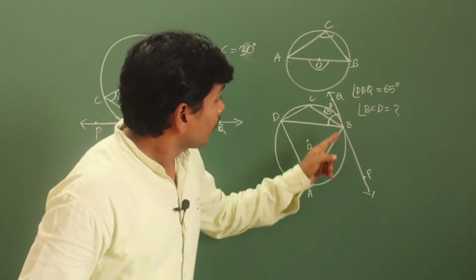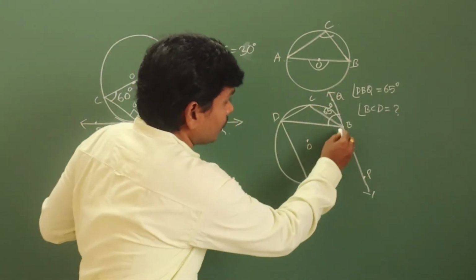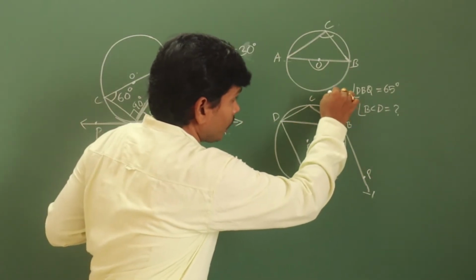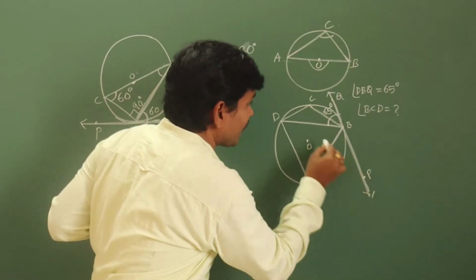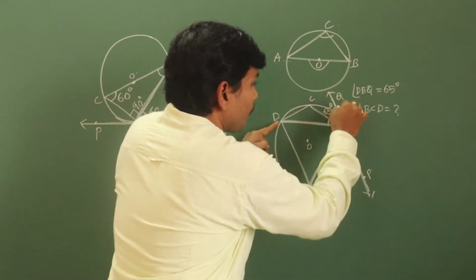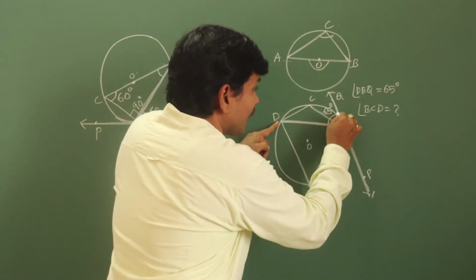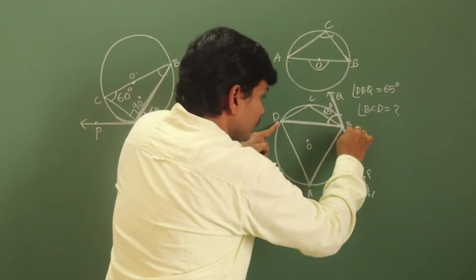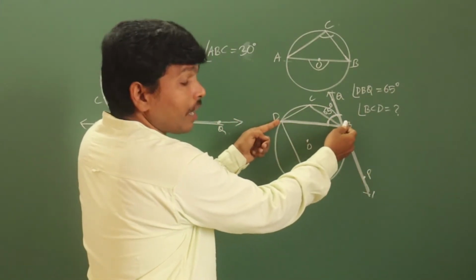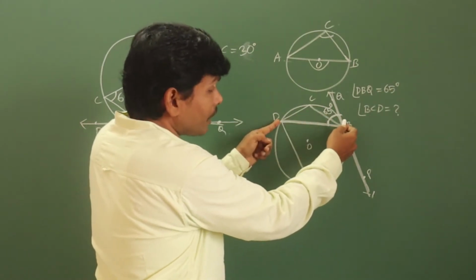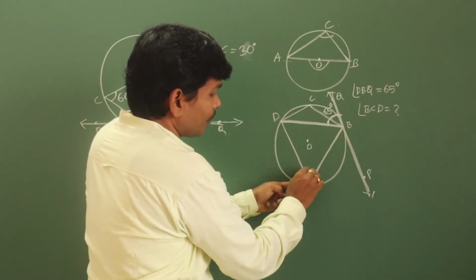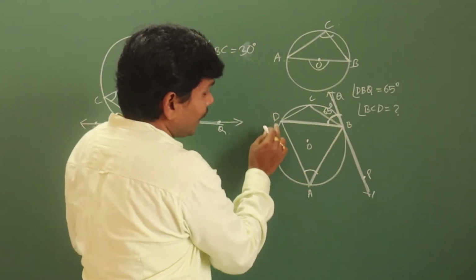Observe here. It is the tangent and it is the chord. Now PQ is the tangent and BD is the chord, you take it. It is the angle between chord and tangent. This angle is equal to the angle made by the chord in its alternate segment, which is nothing but angle DAB.